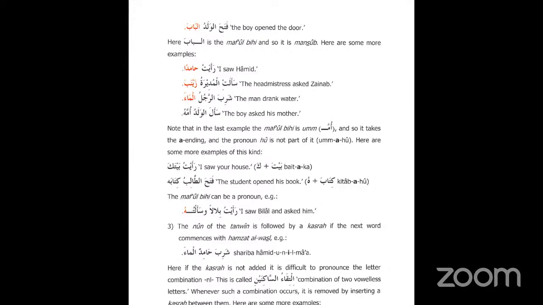Note that in the last example, the maf'ul bihi is ummu, and so it takes the a ending, and the pronoun hu is not part of it. Umma plus hu. Here are some more examples of this kind. Ra'aytu baytak.